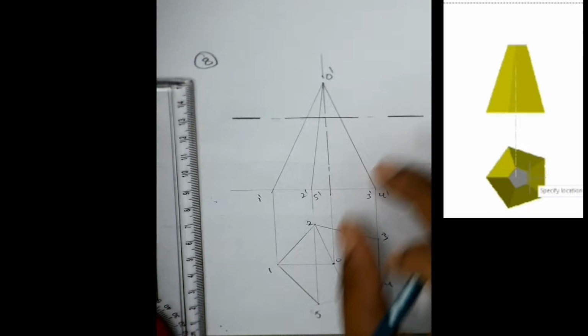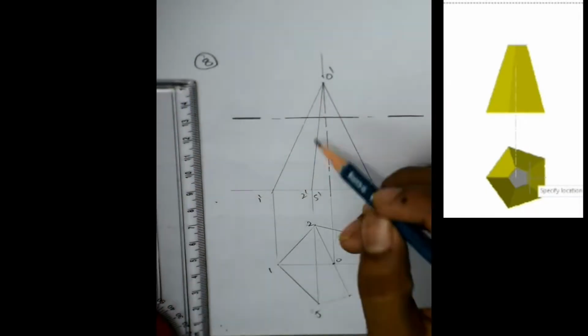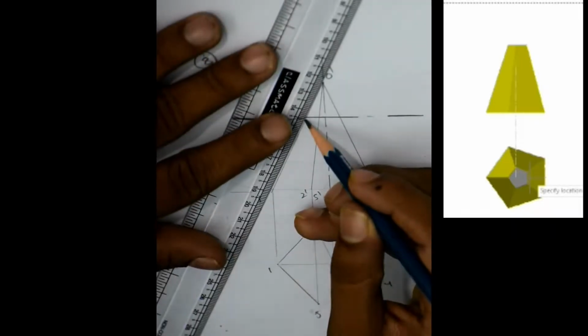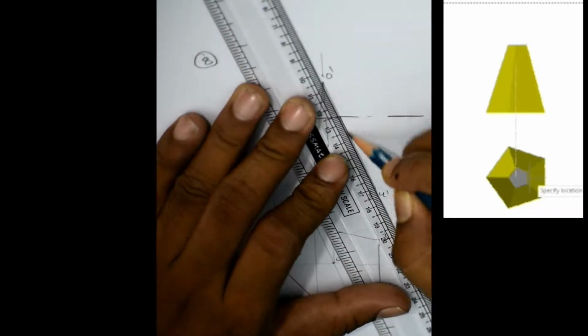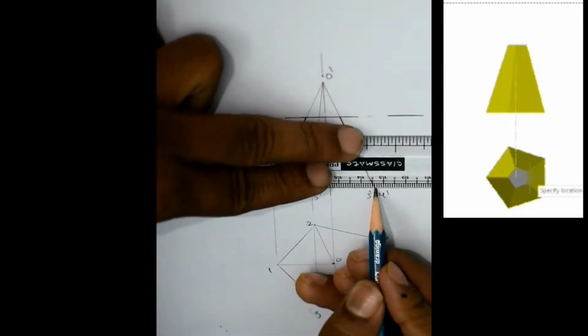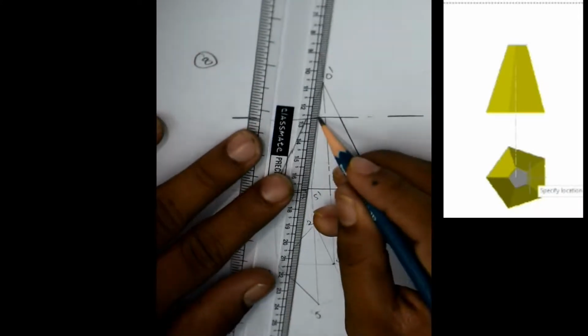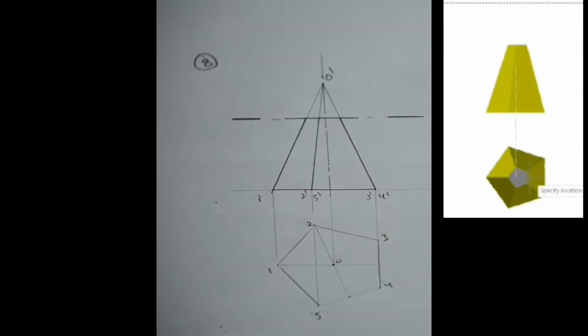As you can observe easily, this is parallel to the horizontal plane. This portion is removed, only this portion is left. So we need to dark this portion only. And I am using an H pencil here. And this edge will also be visible. So this completes your front view.